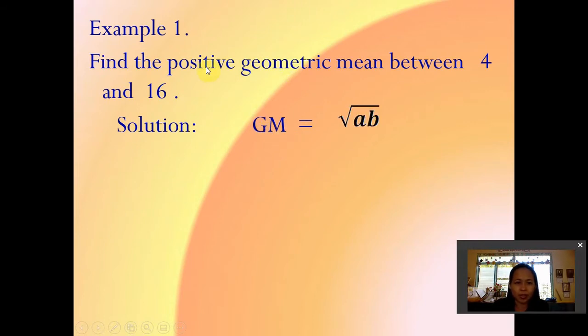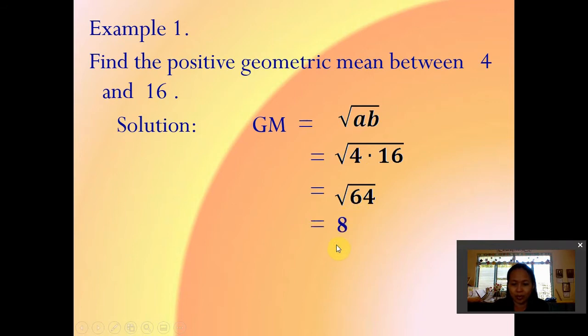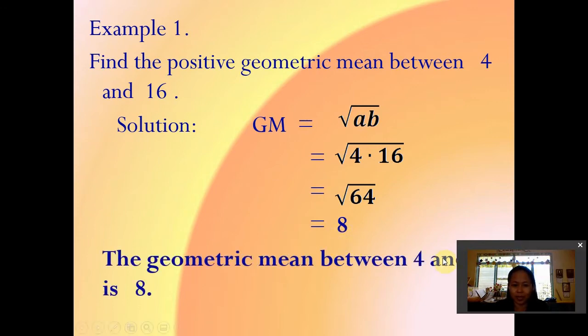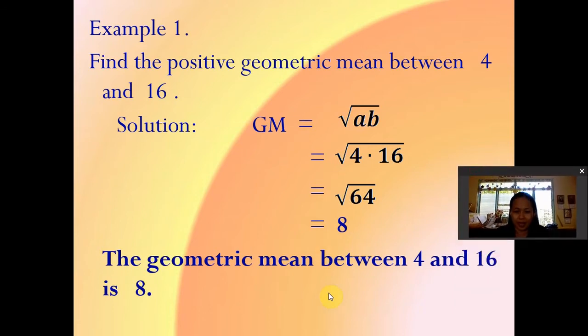Since we are talking about the positive geometric mean, that is simply the square root of A times B. A represents the first given number and B represents the second given number. So we have 4 times 16, and that is 64. So the square root of 64 is 8. Since we are talking about the positive geometric mean, we have positive 8. So our geometric mean between 4 and 16 is equal to 8.